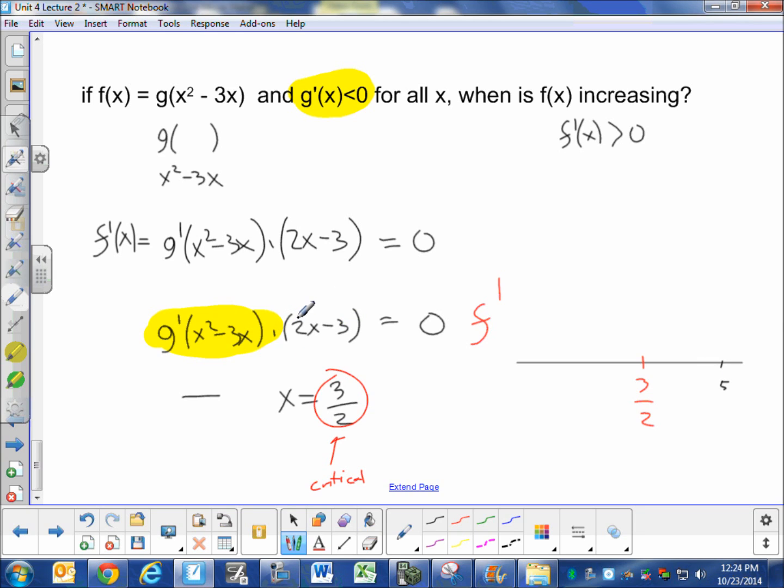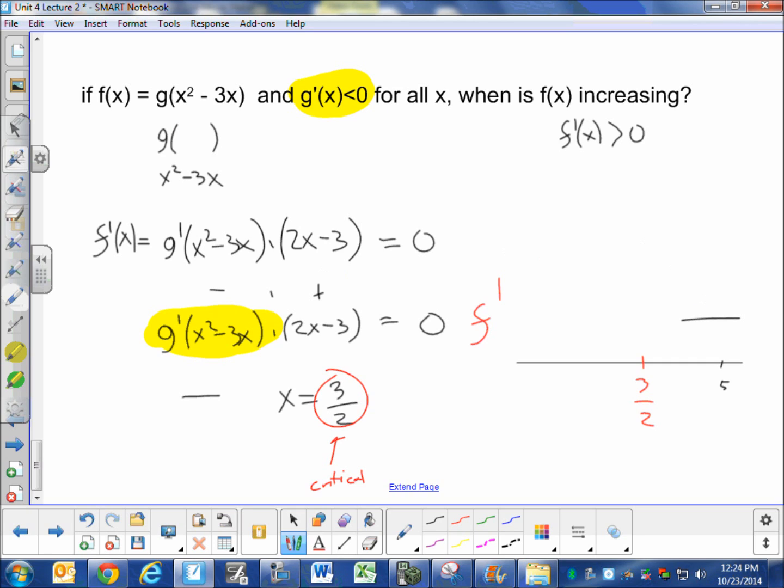Plug in 5 here, and this is my derivative here. Plug in 5, I get a positive. But if I plug in 5, I'm still going to have a g prime that's negative. Even though x squared minus 3x is positive, g prime is negative for every x.